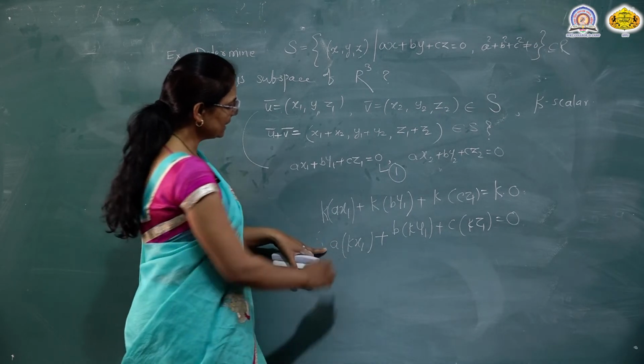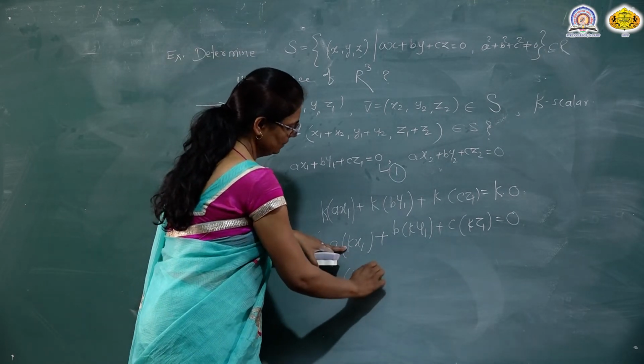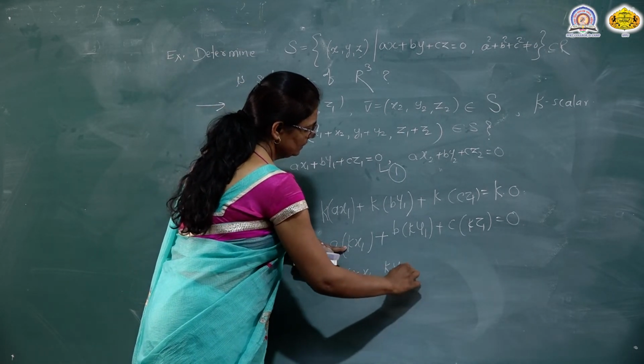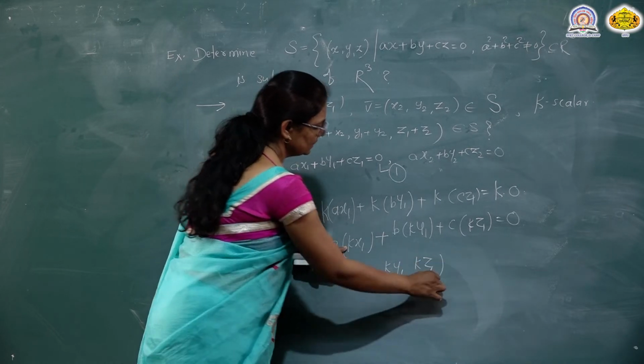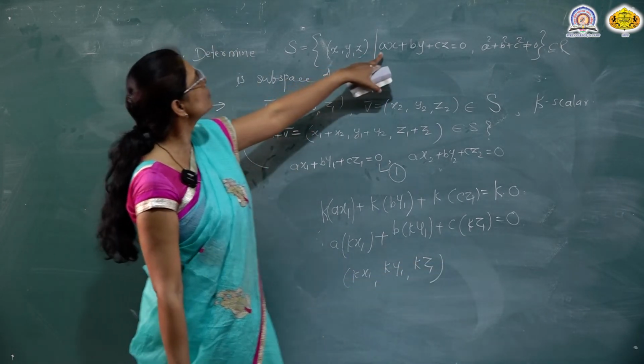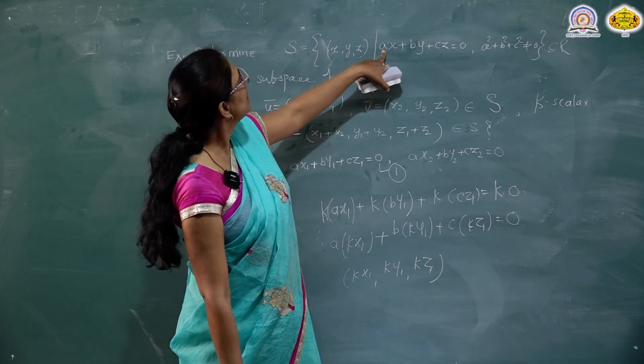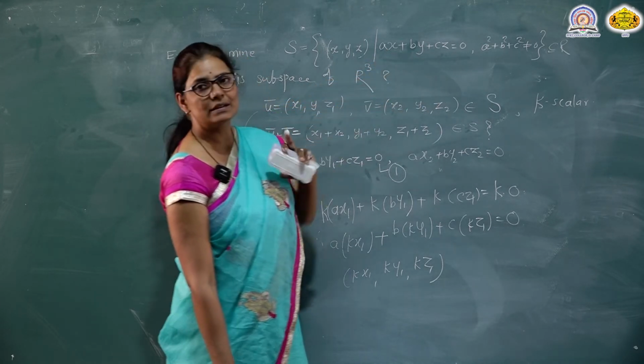So you can observe that this triplet kx1, ky1 and kz1 satisfies the equation ax plus by plus cz equals 0.